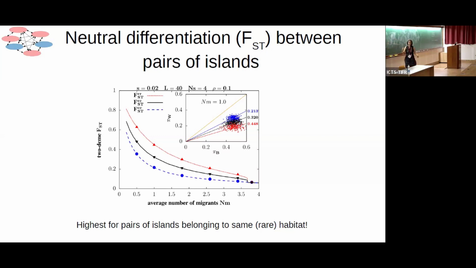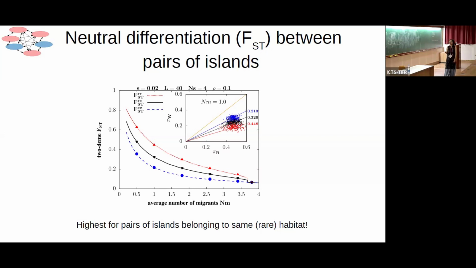So this is where pi within is the heterozygosity, or the diversity within any island, and pi between is the average pairwise differences between two individuals sampled from the two different populations. So it's a measure of relative differentiation in some sense.